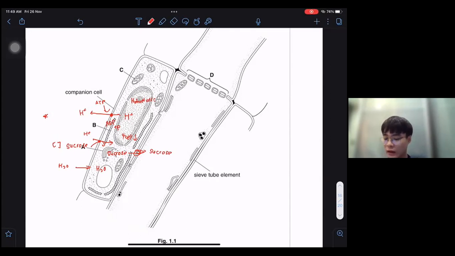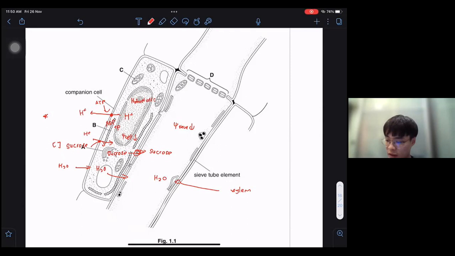So now the sucrose has entered the sieve tube, and we will go to translocation. Translocation of sucrose will make the water potential of the sieve tube drop, and water will enter by osmosis from the surrounding cells and the xylem vessel into this sieve tube.